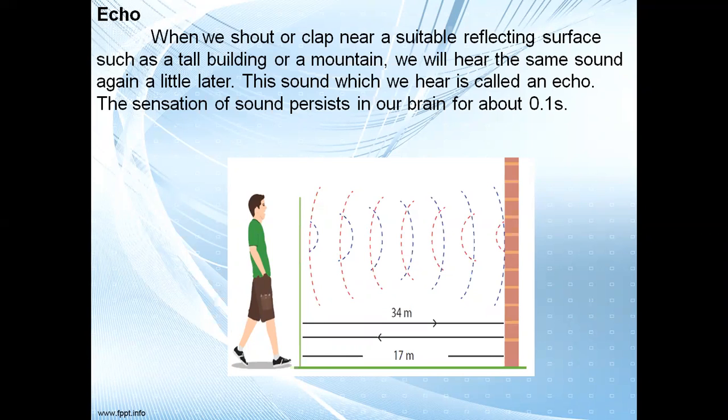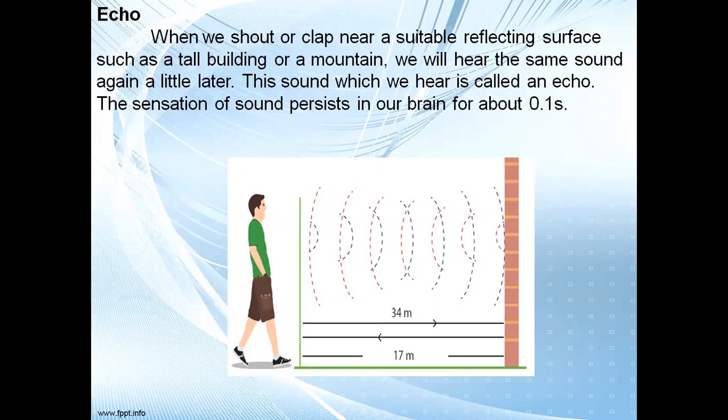Let us consider the speed of sound to be 340 meters per second at 25 degrees Celsius. This sound reaches the obstacle and returns, that is the echo. We listen to it after 0.1 second.